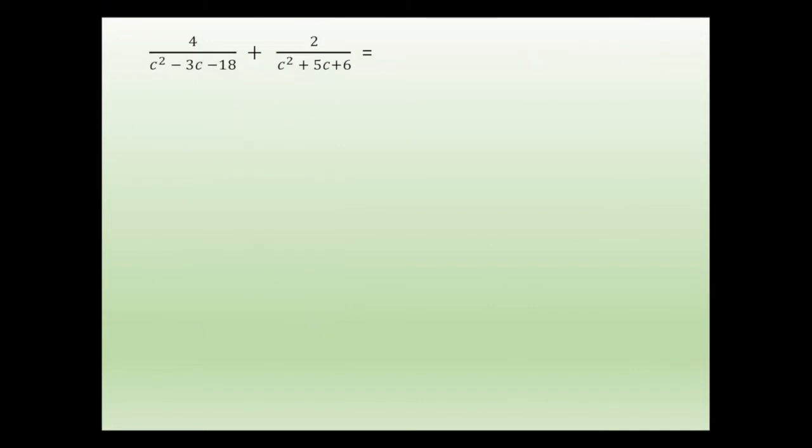Right, the next one. Think about this for a minute. Are we going to multiply c squared minus 3c minus 18 with c squared plus 5c plus 6? I don't think so. Let's have a look at the denominator. Alright, c squared minus 3c minus 18. Can you factorize it?